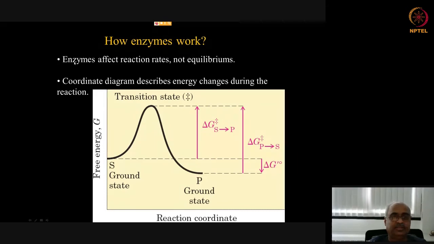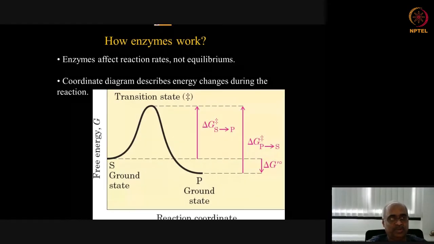Right. So the other important point to remember about enzymes is, like any other catalyst, they affect the reaction rates, not the equilibrium. Okay. So the concentration of CD upon AB for a certain K, like the equilibrium constant, will be still the same.